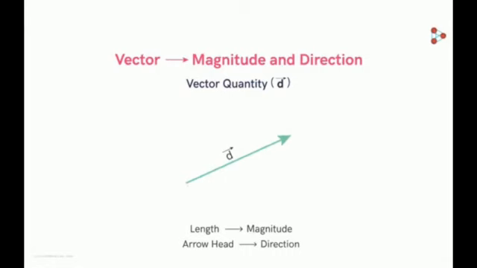The small d and the green arrow show the vector quantity because it shows a specific direction as well as it has a magnitude. Now length is actually the magnitude, and the arrow head on that small d shows the direction of this vector d, which is represented by a small alphabet d.